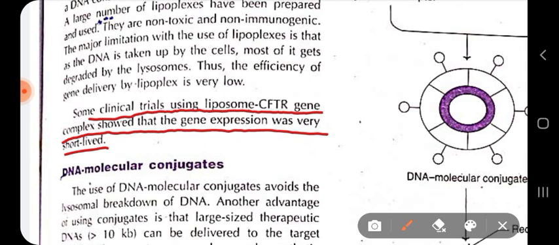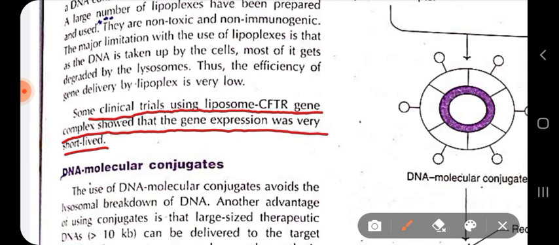With the help of endocytosis the DNA gets entered, but it also gets degraded. So some clinical trials using liposome CFTR gene complex show that gene expression is not very high. It's very short lived, not remaining expressed for a long time.